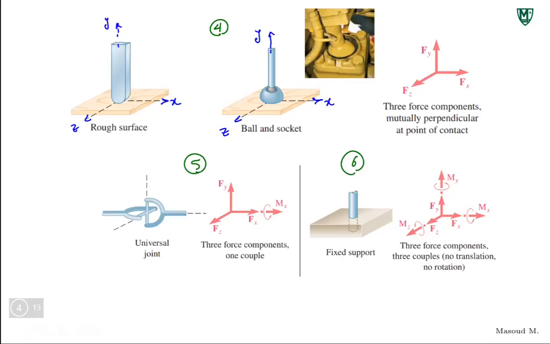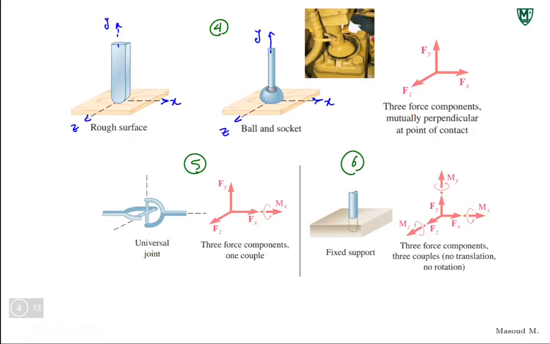If you have a fixed support, it can't move in any direction, X, Y, or Z. So already 3 forces that you have to use to replace the support. And then it cannot rotate in any direction, X, Y or Z.